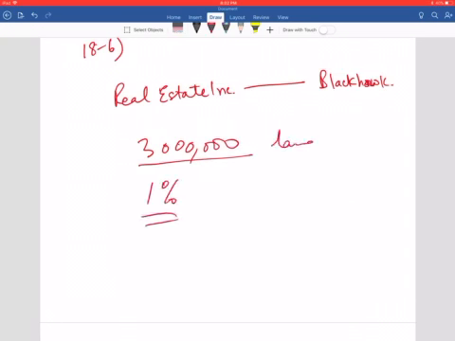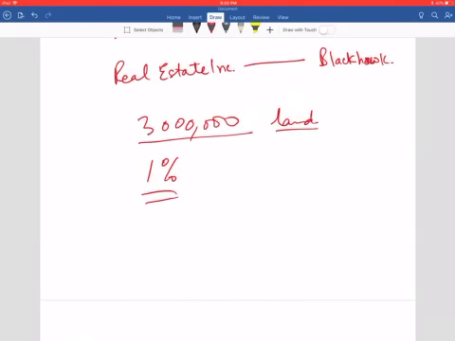So this is the land sale, and the mall sale is for 1% of retail sales from the mall. So now, if you take 1% of what Black Hawk estimates, Black Hawk is the mall builder, a developer.